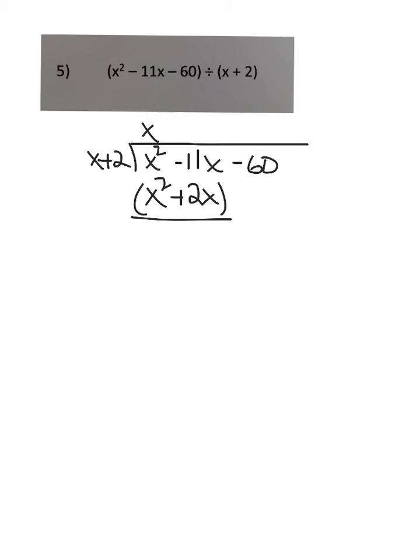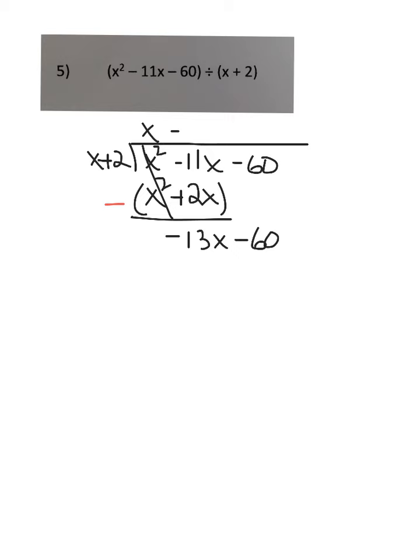Okay, and then we're going to subtract. So we know these guys cancel. And just be a little careful here. You're doing negative 11 minus 2. Negative 11 minus 2. Okay, and that's going to give you negative 13x. And let's bring down the 60, and here we go again.